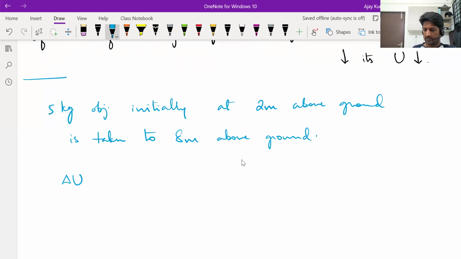How much is the increase, or change, in its potential energy? Simple calculation: a 5 kg object initially at 2 meters is taken to a final height of 8 meters. How much is the change in its potential energy?